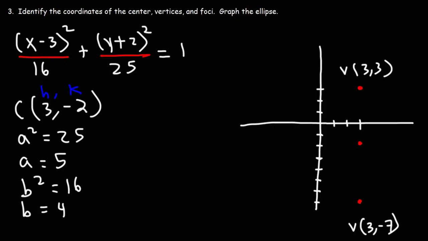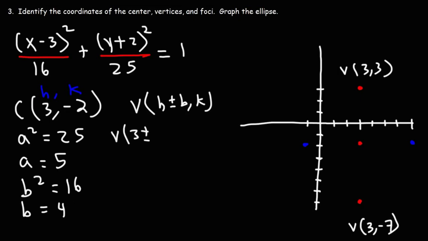Now, let's focus on b. B is 4, and it's associated with the x variable, so we're going to go 4 units to the left and 4 units to the right, starting from the center. So let's go 4 units to the right. So we get this point here, and then 4 units to the left will take us to this point. So the coordinates of the minor vertices, rather than being plus or minus b, comma 0, are h plus or minus b, comma k.